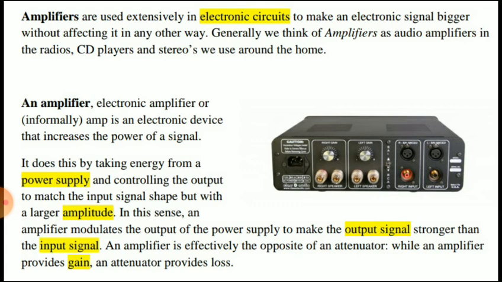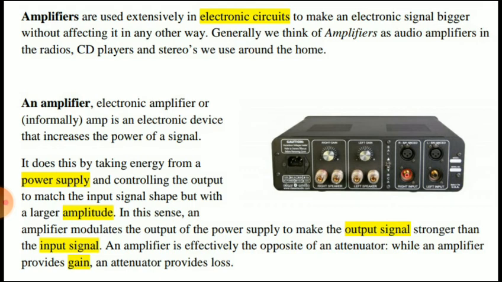So amplifiers can be categorized by the frequency of the electronic signal being amplified. So audio amplifiers amplify signals in the audio, that is sound, in the range of less than 20 kilohertz. RF amplifiers amplify frequencies in the radio frequency in the range of 20 kilohertz and 300 gigahertz.